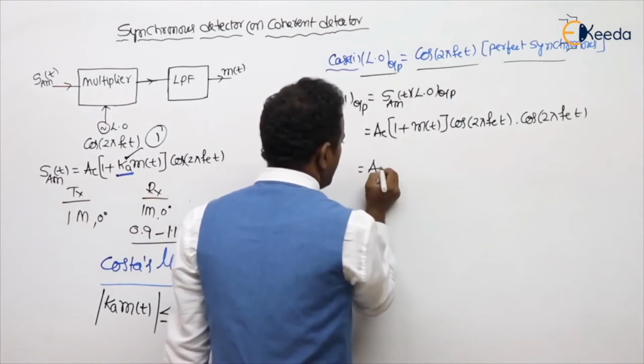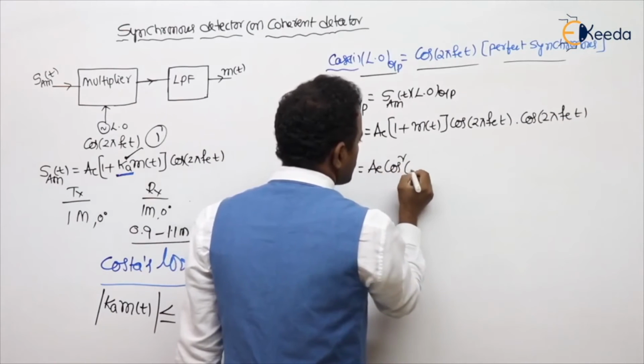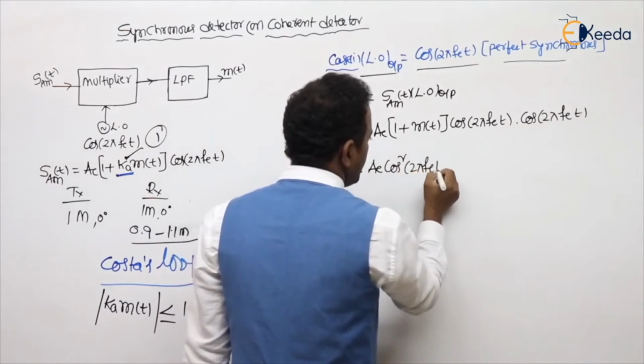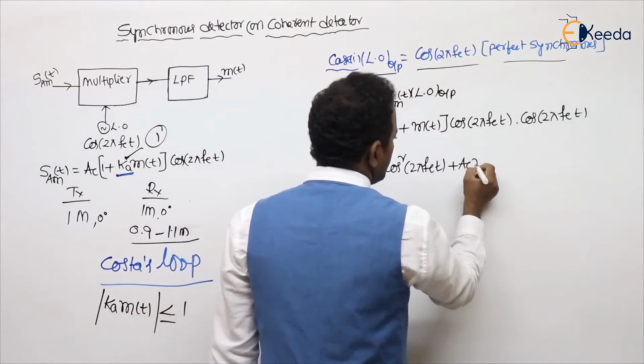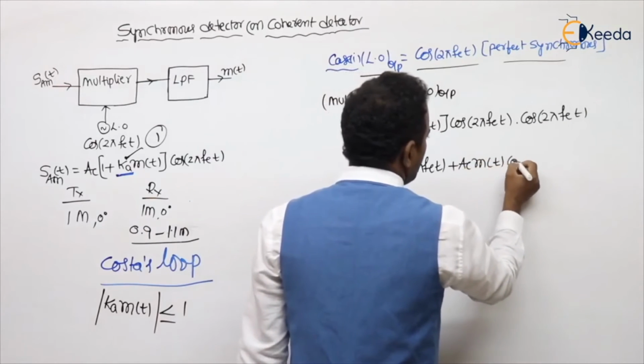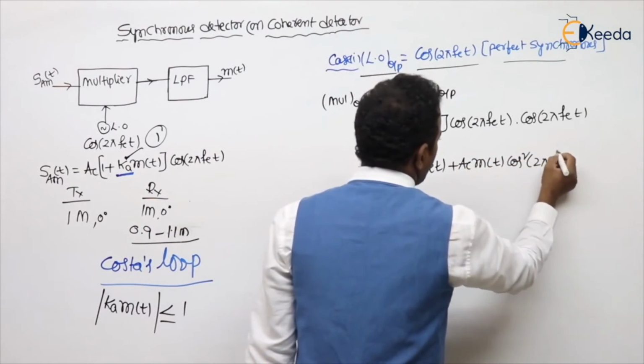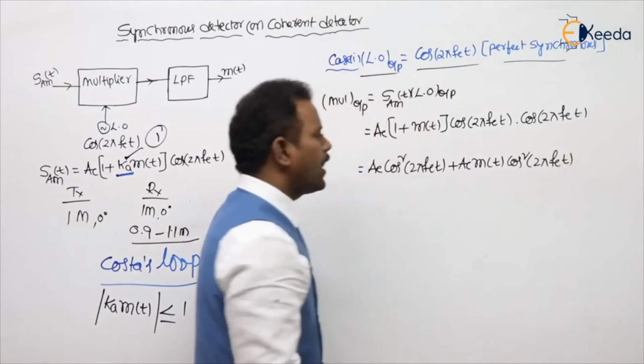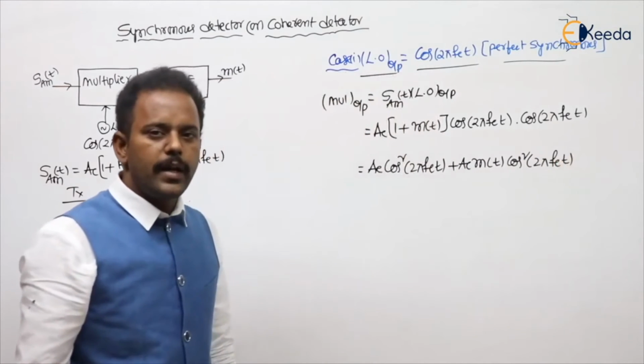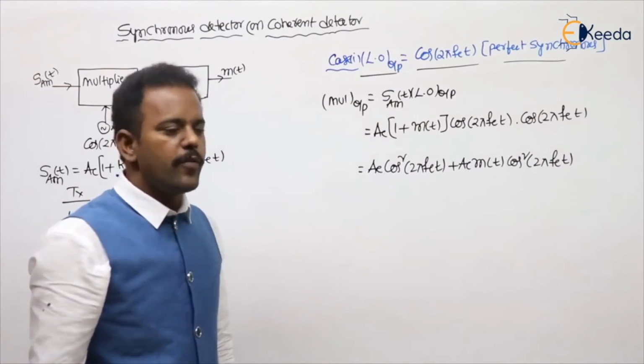Then it will be Ac into cos square 2 pi fct plus Ac into m(t) into cos square 2 pi fct. We already know cos square A can be written as (1 plus cos 2A)/2.